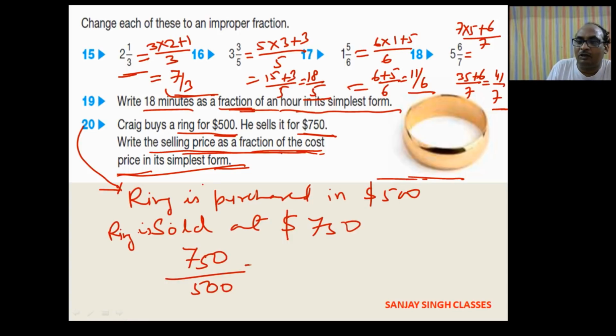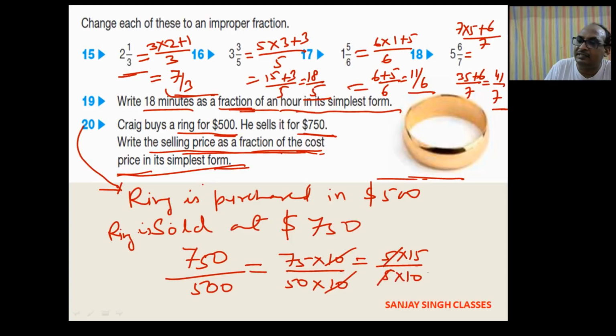Now the common factor is 10, so we can write 75 into 10 and 50 into 10, so that we can cancel this 10 by 10. Further, this 75 we can write as 5 into 15 and 50 as 5 into 10. Again 5 we will cancel.